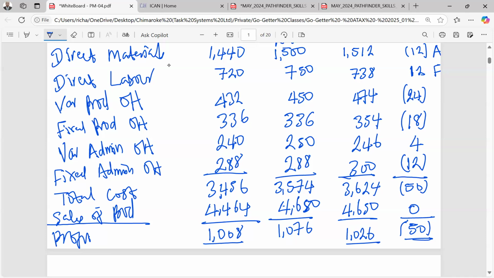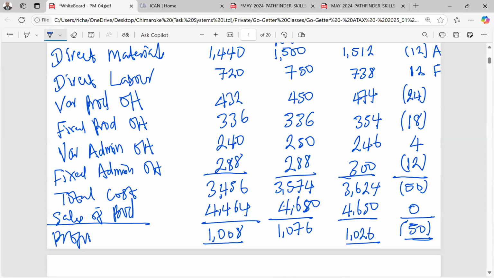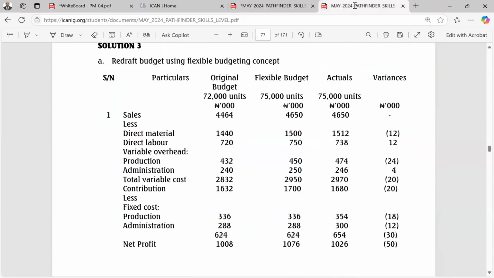So now you have redrafted it in the best possible way. So you see here now, this person is saying they have a profit of 18. This Mr. Josh was saying you have a loss of 50,000. And this is the way ICAN has done it. Net profit is 50,000.